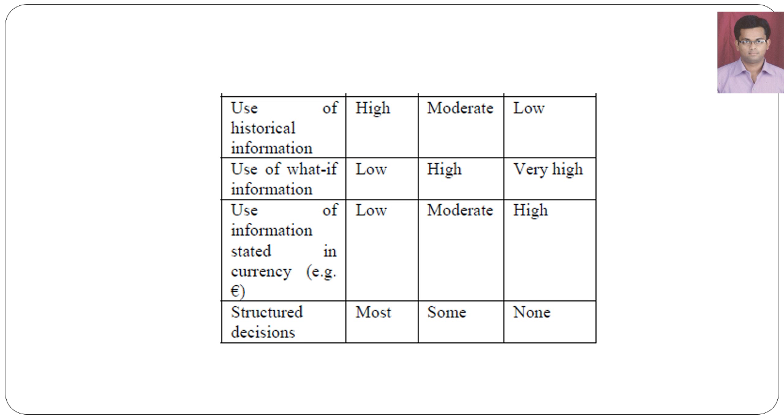So this way several information characteristics and levels of decision making can be correlated, and the diagram that was evidently visible with the help of a triangle can be easily categorized into this particular table.